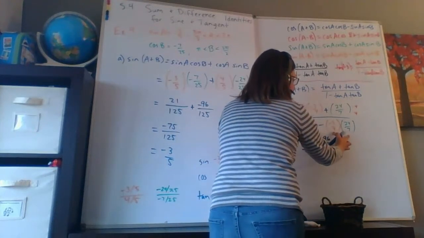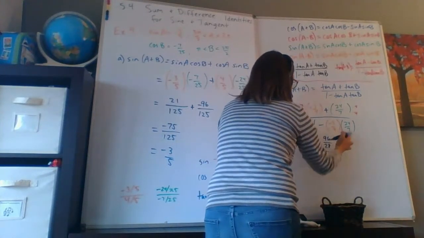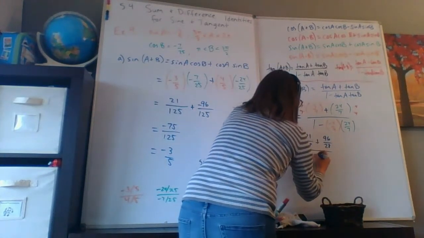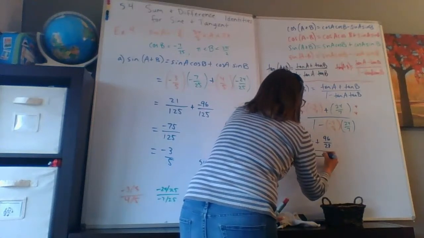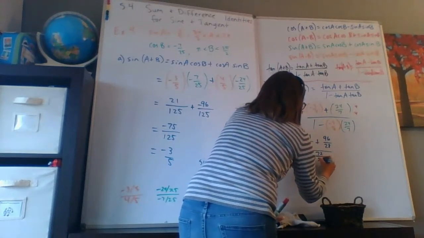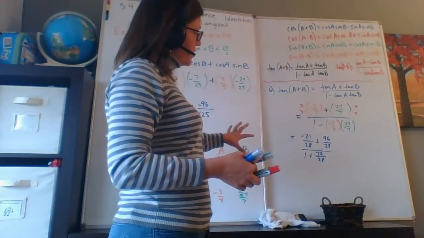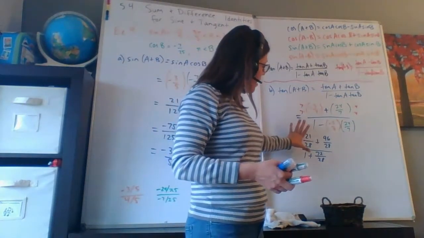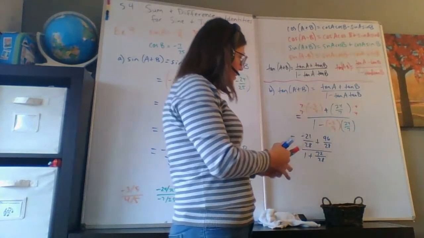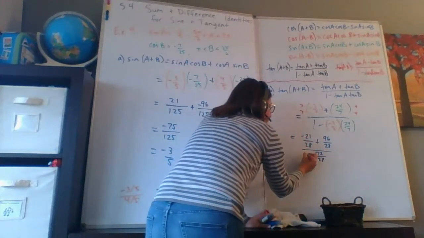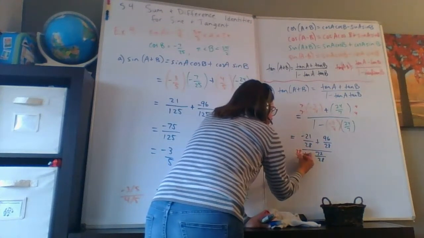And on the bottom, I need to still multiply these two fractions. So I get 1 plus 72 over 28. I'm not going to reduce any of these fractions just yet because everything has a denominator of 28. So I will rewrite the 1 as 28/28.